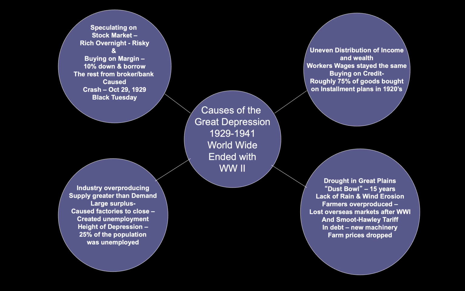And many farmers went into debt trying to buy new machinery and trying to keep their farms running during the Dust Bowl. As farm prices dropped and the costs of food declined, farmers began to lose their land and were unable to pay back the loans they had taken to keep their farms running. This combination of four major economic problems is what ultimately came together to cause the Great Depression.